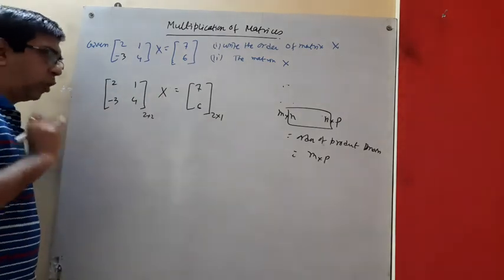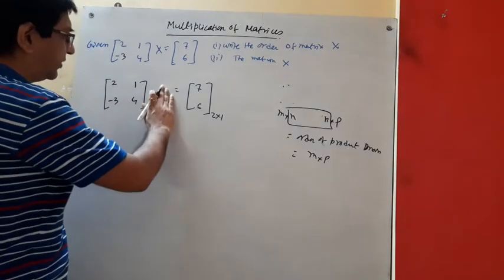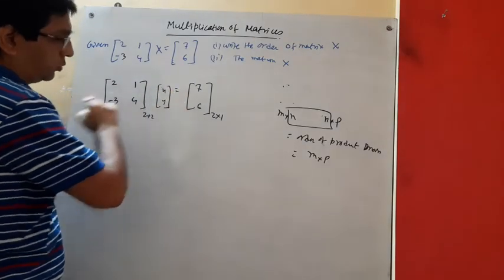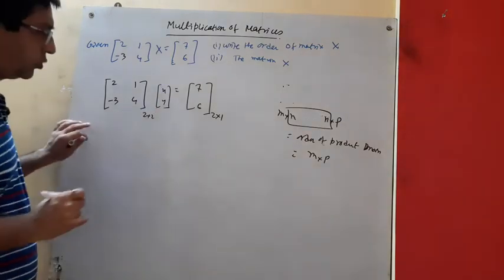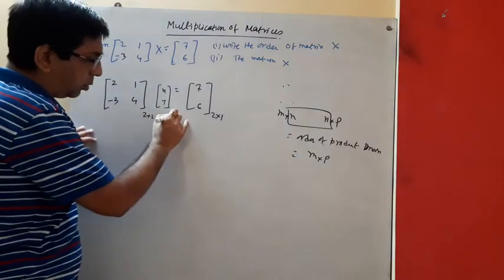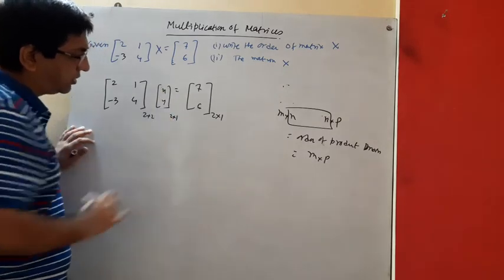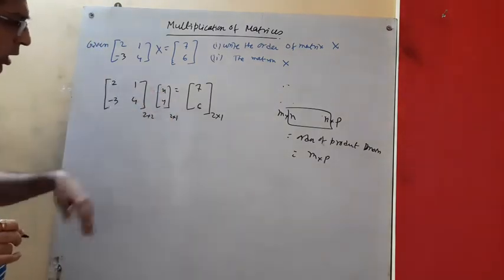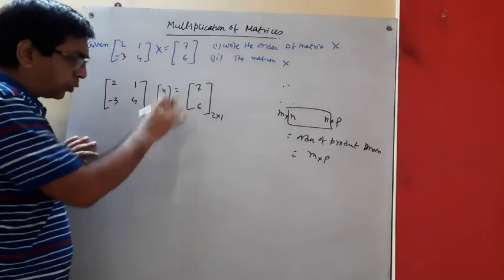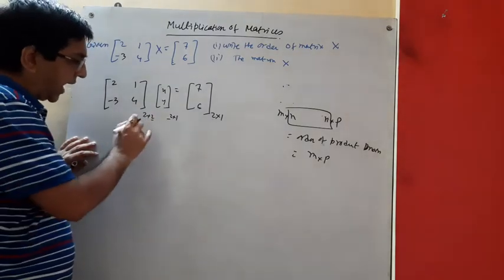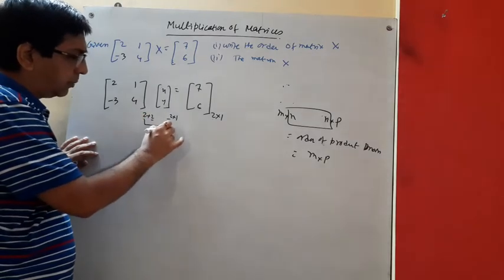Now what will be the order? Suppose I have written X, Y, because its column number is 1, then what we are getting, its order is 2 by 1, right? 2 rows, 1 column. If I go for the product, look, this one is the same, very good. And ultimately we are getting the product matrix.